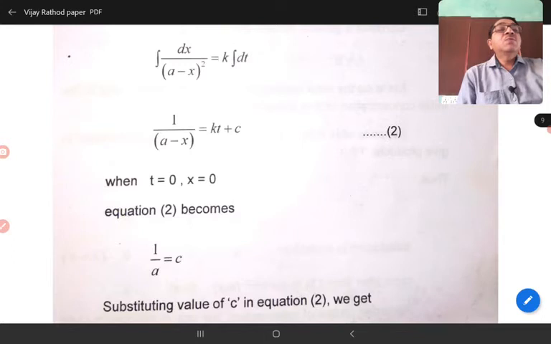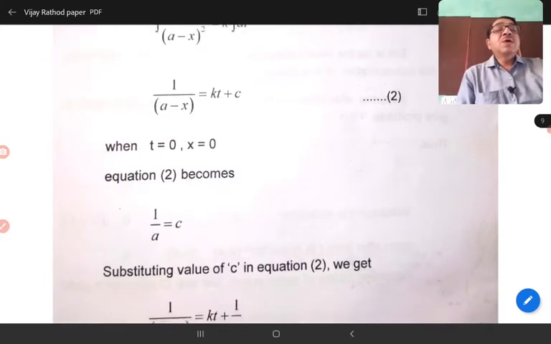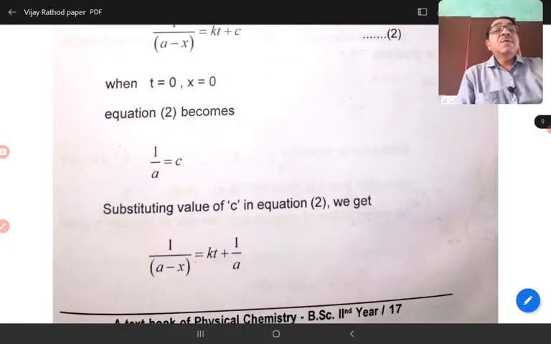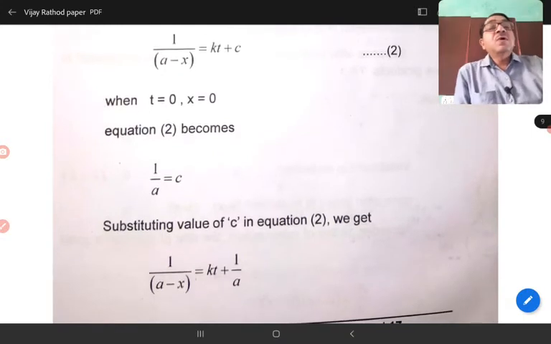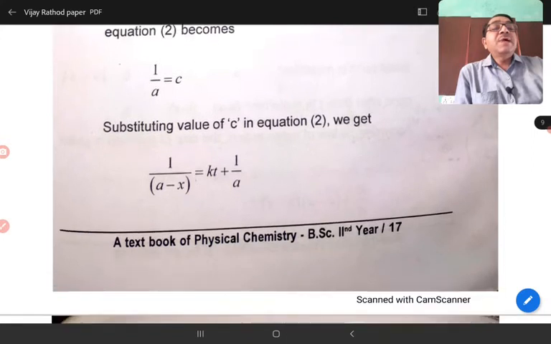So when we put these values in equation number 2, we get 1 upon a is equal to c. Now substituting the value of c in equation 2, we get 1 upon a minus x is equal to kt plus 1 upon a.